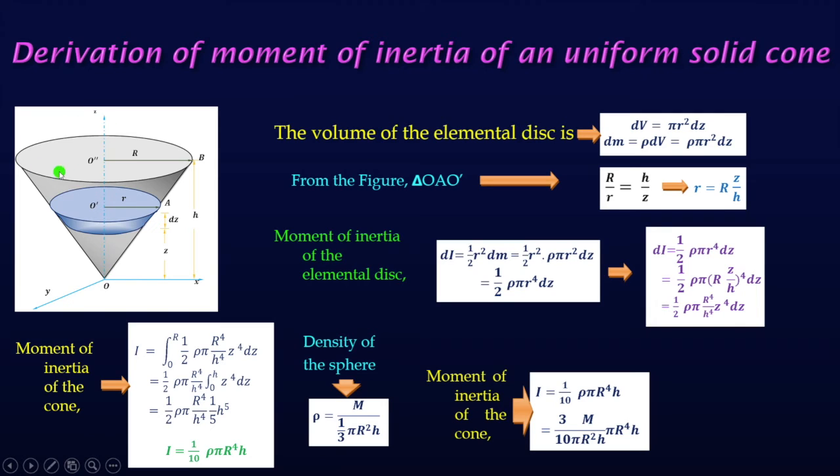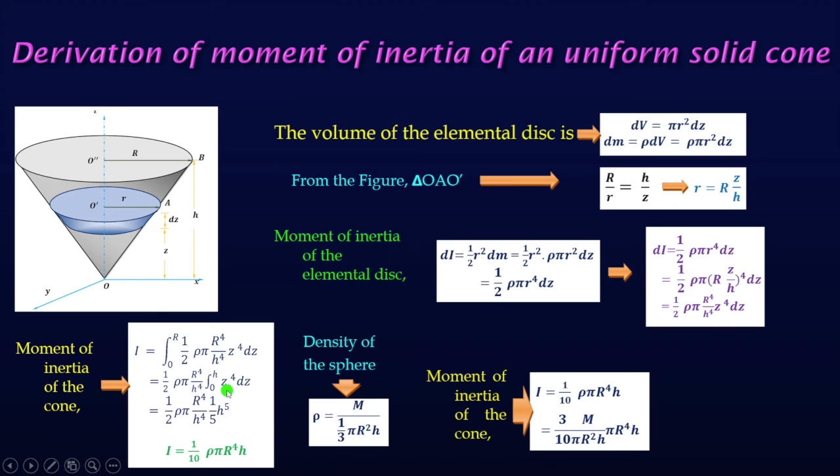And if the slice is here, then the radius is capital R. So it is written 0 to R. It is the limit of r. But when it is converted to z, z is varying. When the section is here, z is 0. When the section is here, z equals h. So converting that, we are getting 0 to h.